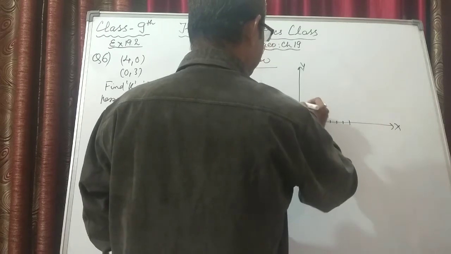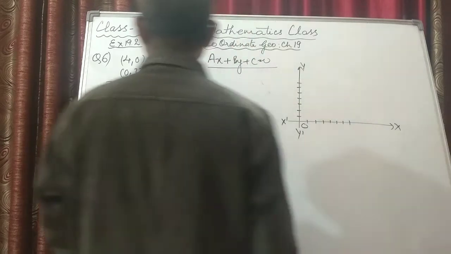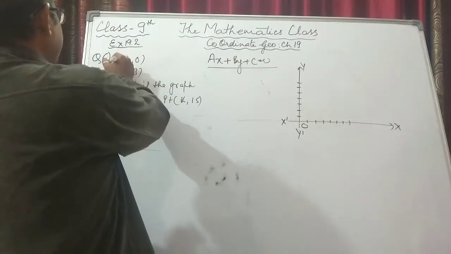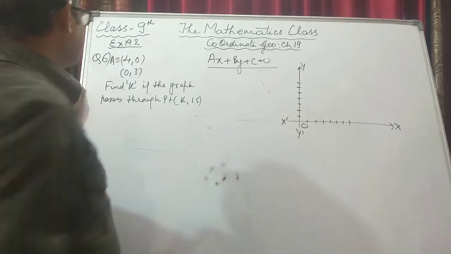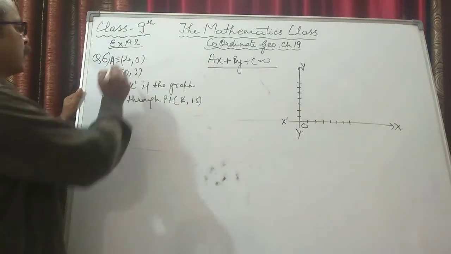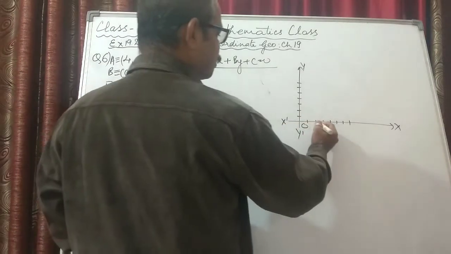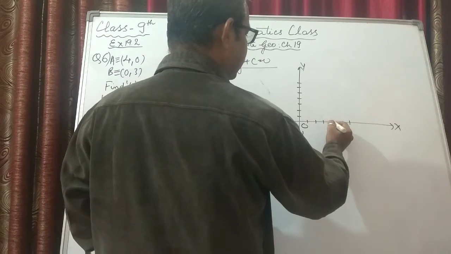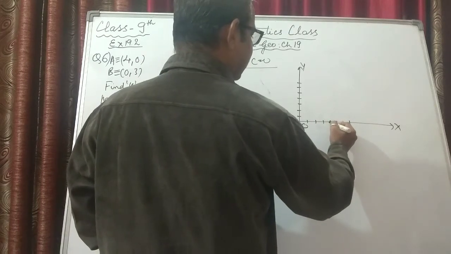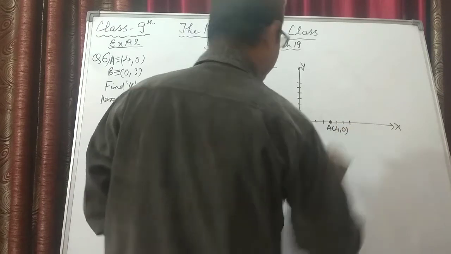Similarly 1, 2, 3, 4, 5, 6, 7. First point, let us say this is point A. And let us say that this is point B. Point A passes through (4, 0). So 1, 2, 3, 4 and 0 means it will lie on the x-axis. This is point A.